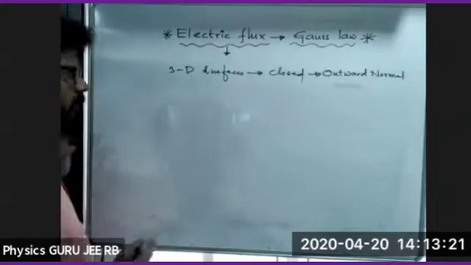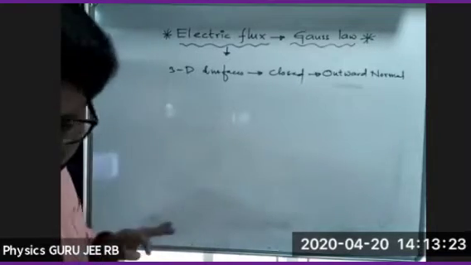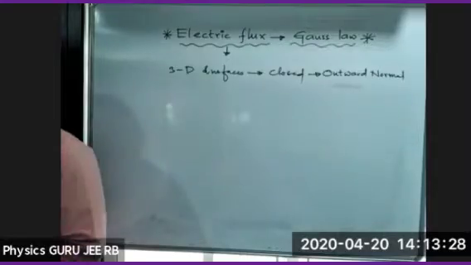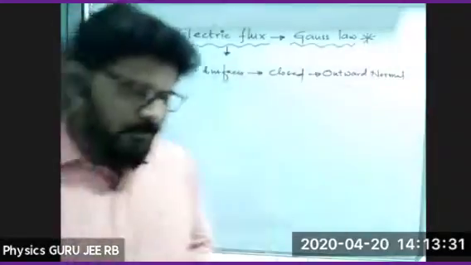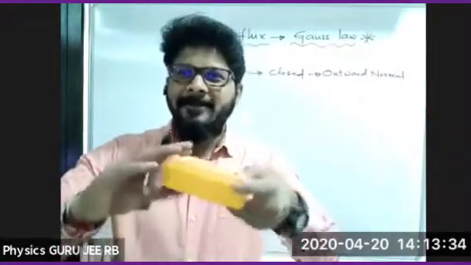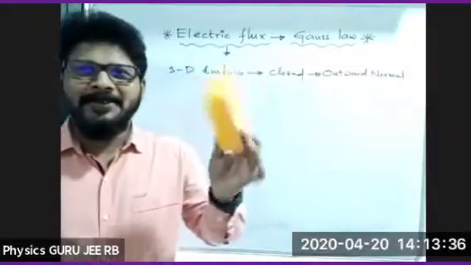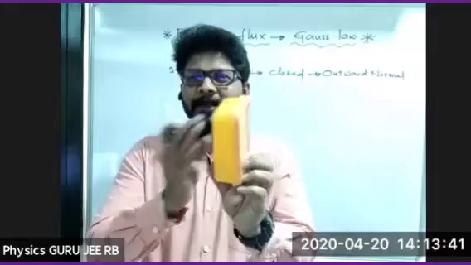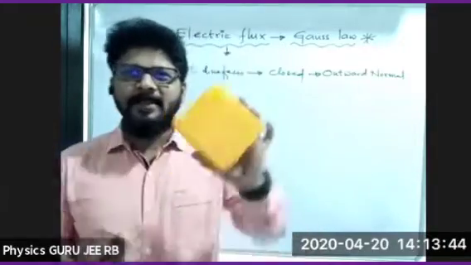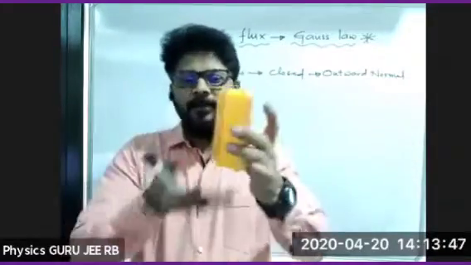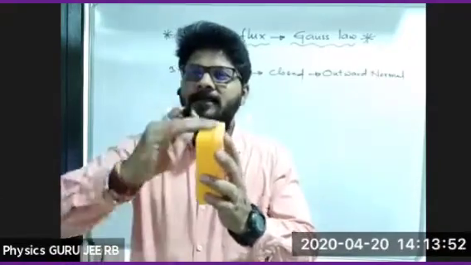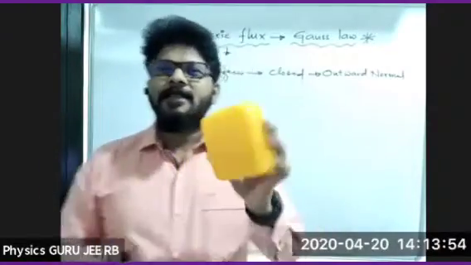Now let us see how it is. If I take a 3D surface, first we call it a closed surface. I take this tiffin box. This is nothing but a closed surface, 3 dimension. Now for this one, how many surfaces are there? 1, 2, 3, 4, 5, 6 surfaces.